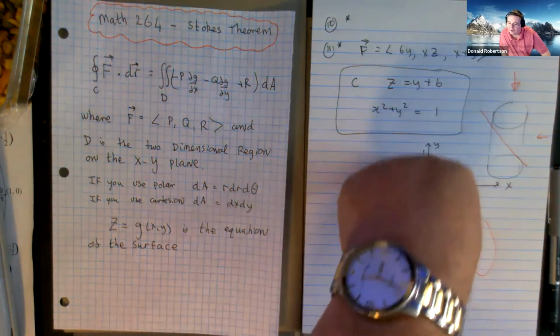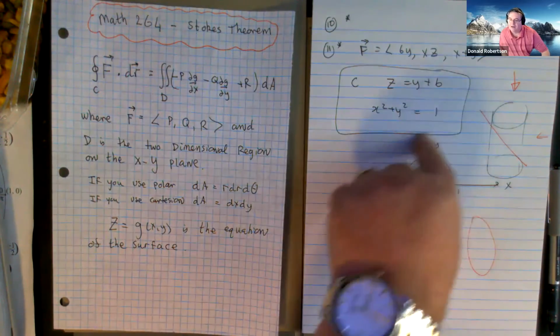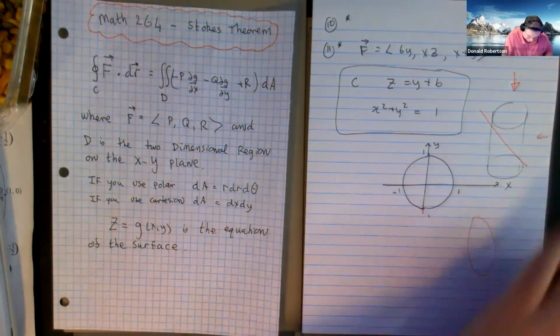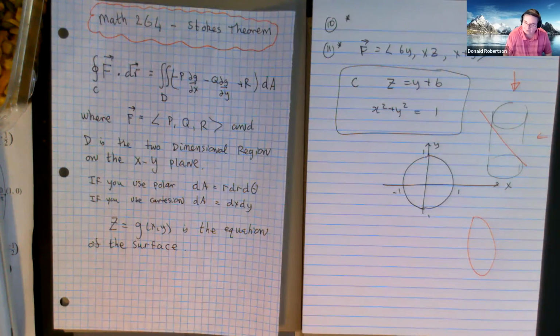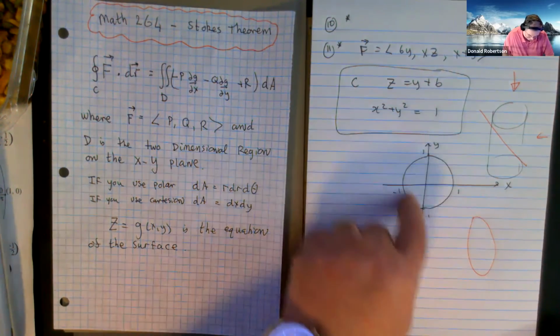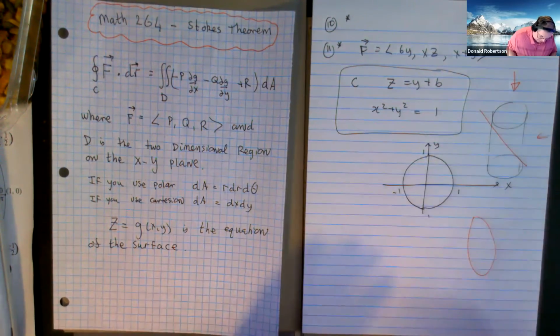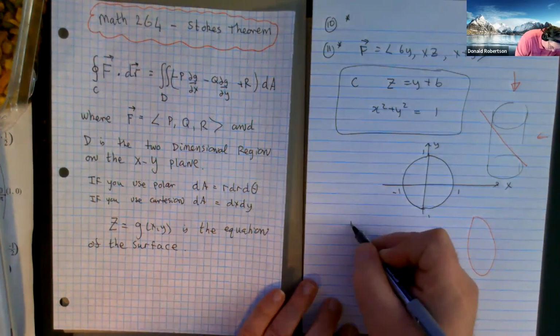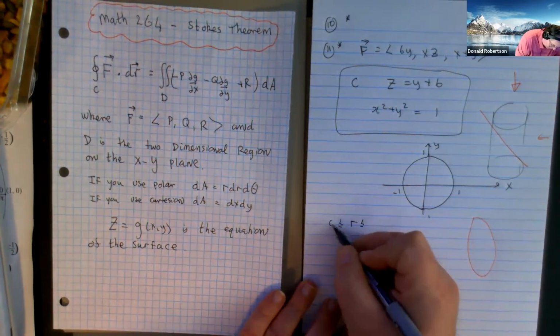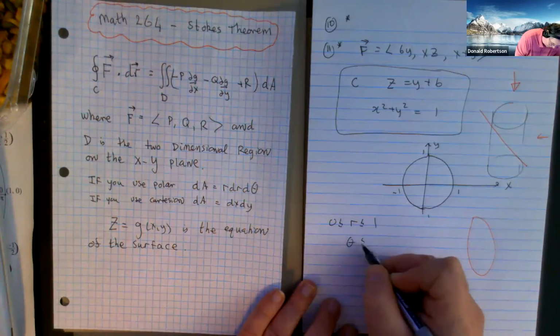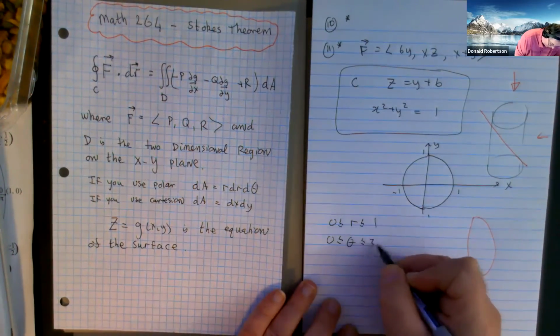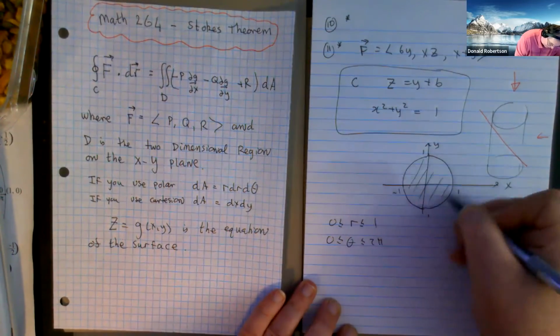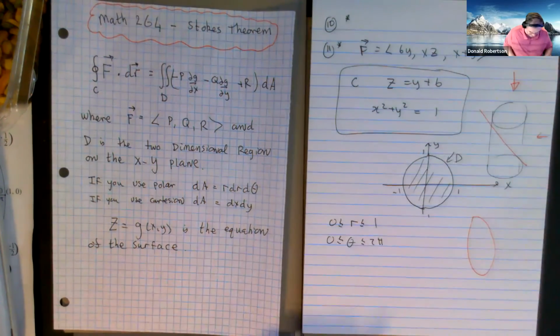But that guy then is the only guy that matters. Him. Now, I'm going to do it as polar, 0 to 1 and 0 to 2 pi, because this region is D.